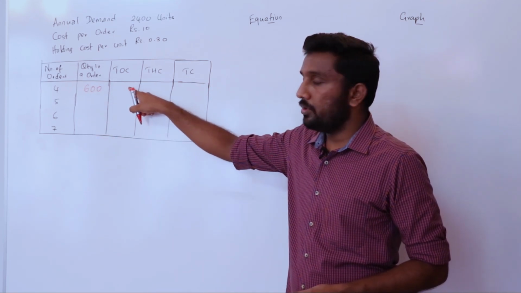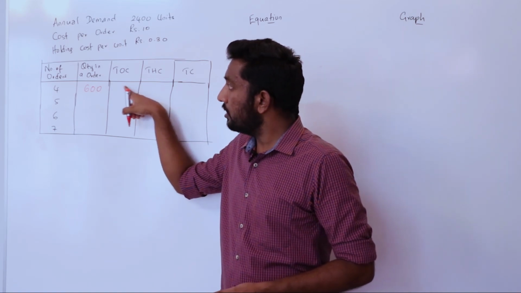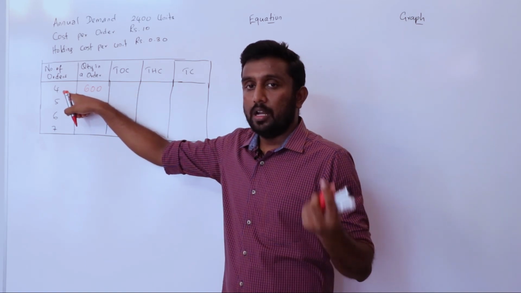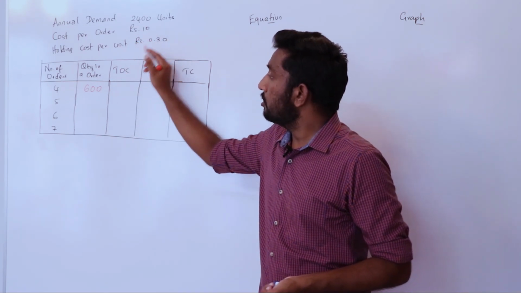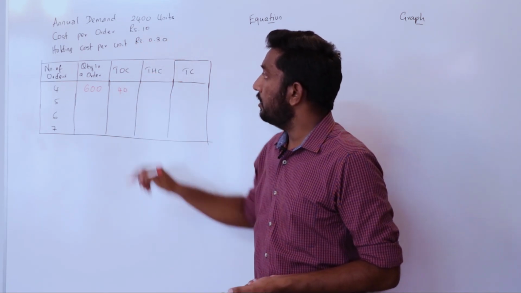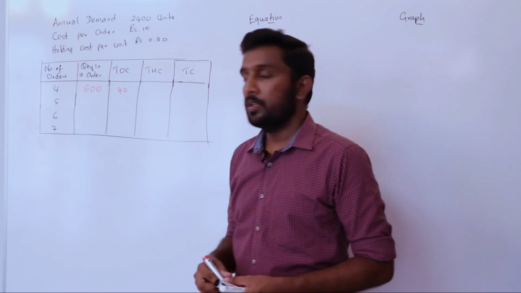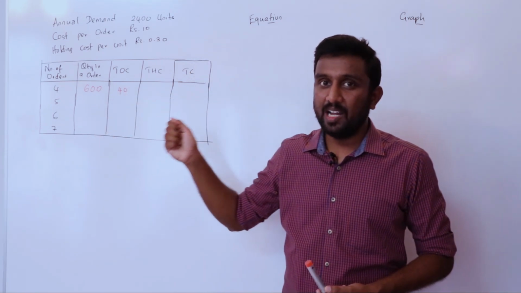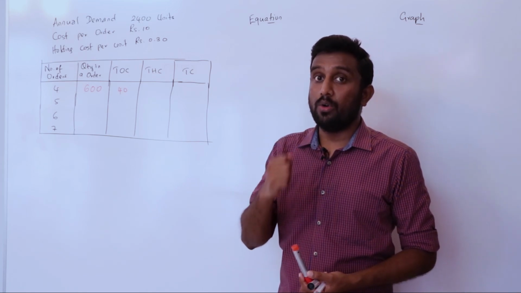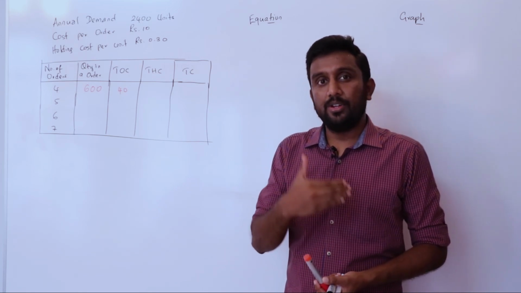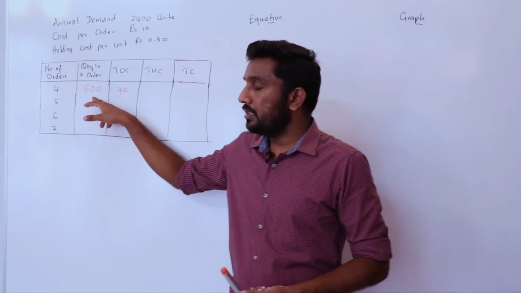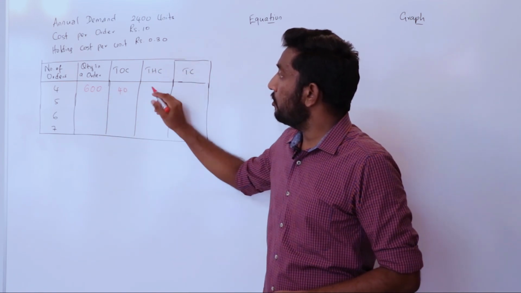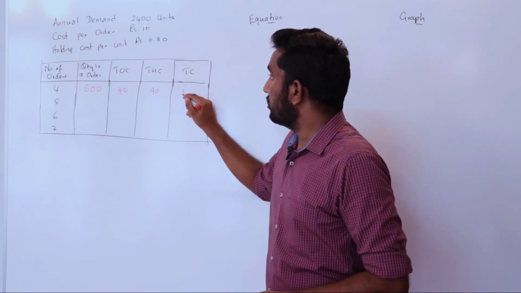Your total ordering cost is the number of orders into the cost per order, so 4 into 10, 40. Holding cost is 600 divided by 2, the quantity in one order, which we can call the reorder quantity. 600 divided by 2 is 300, 300 into 30 is 90, so your total cost is 130.